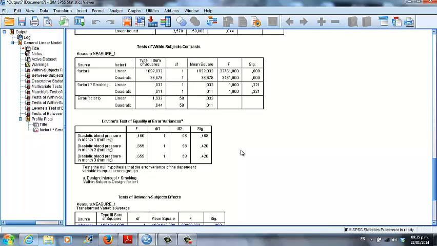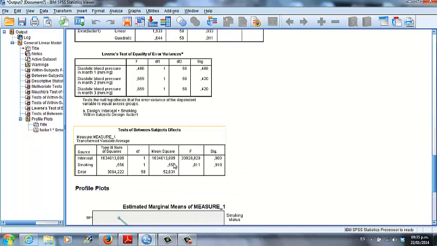In all of these cases, diastolic blood pressure month 1, month 2 and month 3, the p-value is bigger than 0.05, so the assumptions are valid and we have no problems with the design of repeated measures ANOVA. In case one of these p-values would be smaller than 0.05, we would need a non-parametric test.